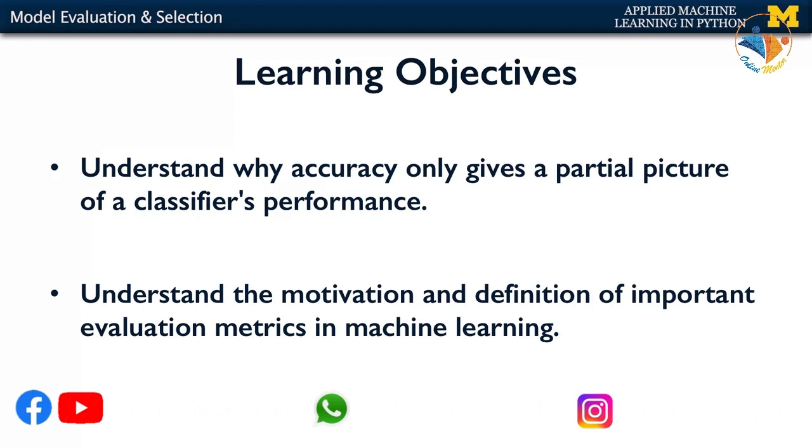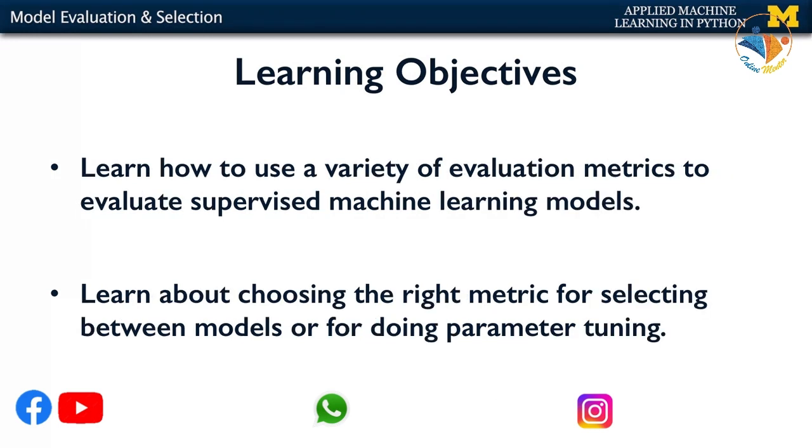In this module, you'll learn why measures like accuracy, which are simple and easy to understand, also have drawbacks, in that they don't give a complete enough picture of a supervised learning model's performance and may not be the right metric for measuring success in your application. So we're going to cover several additional evaluation metrics beyond accuracy.